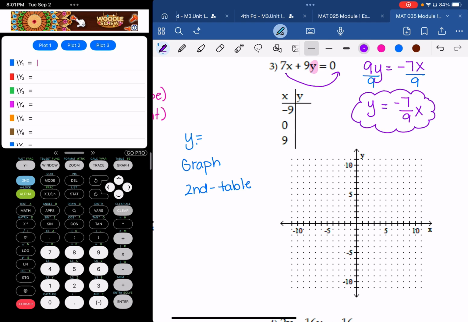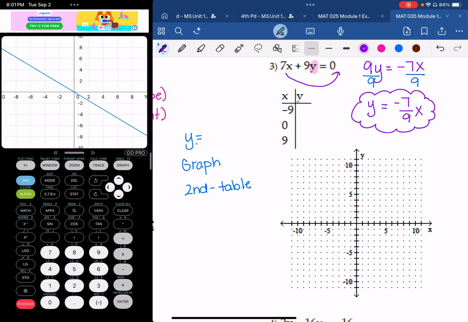So when I come into my calculator and I graph that, negative 7/9 x, and I'm going to graph it. If you notice it goes through 0, 0, that's because there's no b value here. It's just empty. It could be like I had plus 0, which makes sense. It's negative, that's why it's going down.